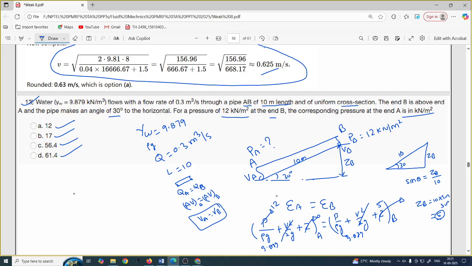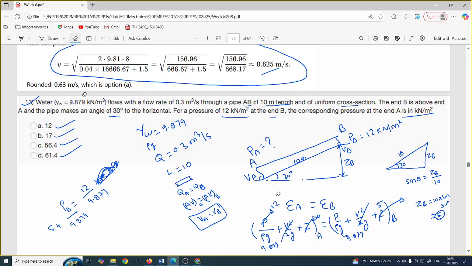So the final PB is equal to 12 divided by 9.81 and plus 0 plus 0. Let me just erase. So you can calculate PB very easily.